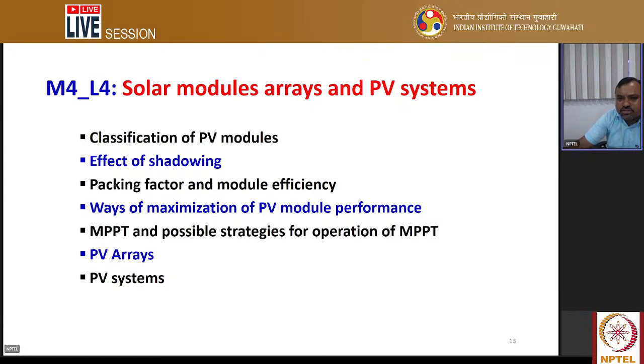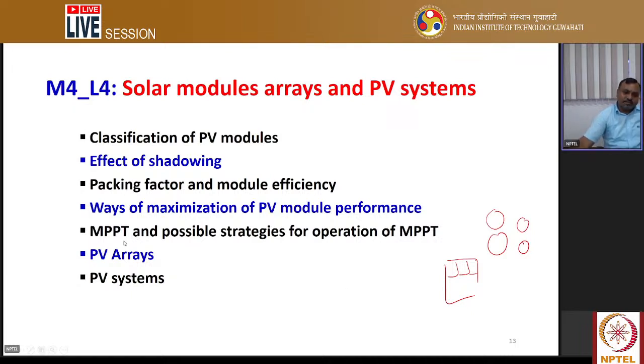In lecture 4 of module 4, solar modules, arrays, and PV systems were discussed, which included classification of PV modules, effect of shadowing, packing factor, and module efficiency. Earlier, all the cells were circular, but nowadays in the modules, the cells are of rectangular shape in order to utilize the space effectively.